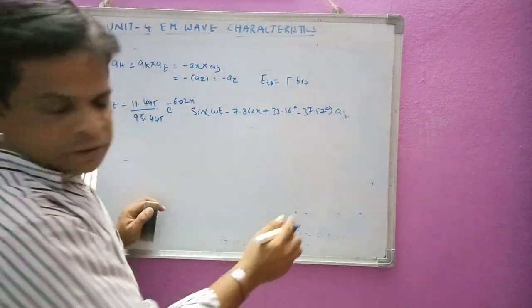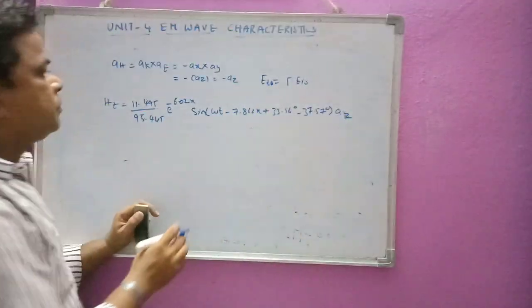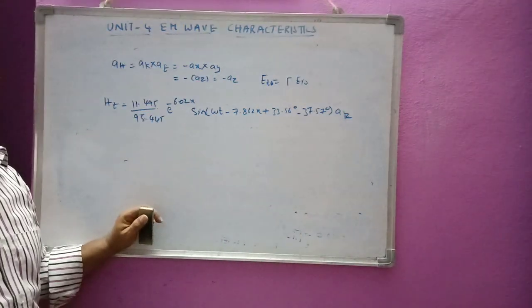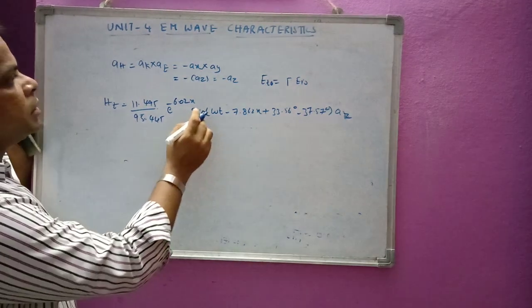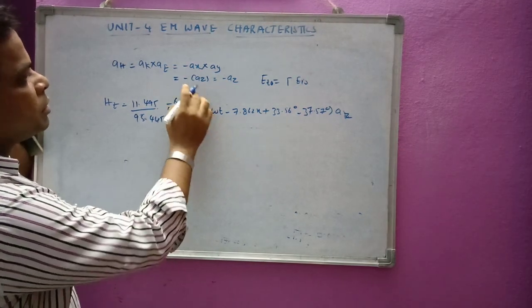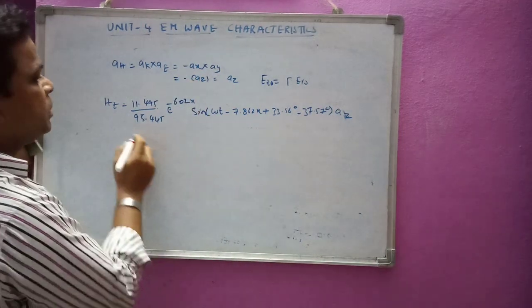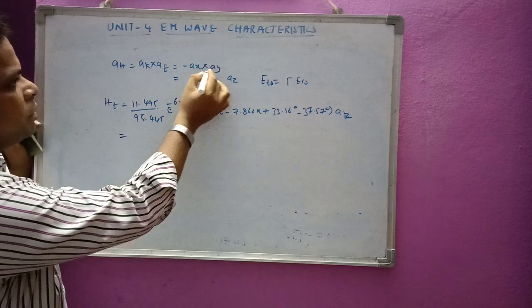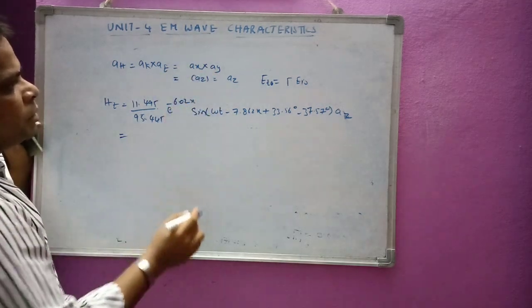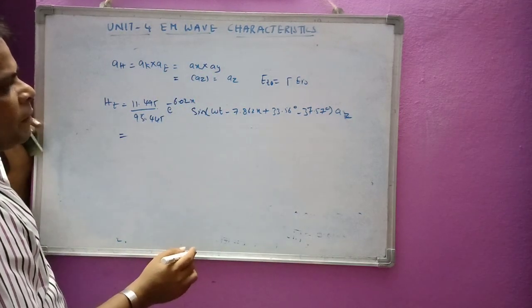Okay, a_z here. So I think it is equal to plus a_z. So I will get here a_x cross a_y equivalent to a_x only. Right.